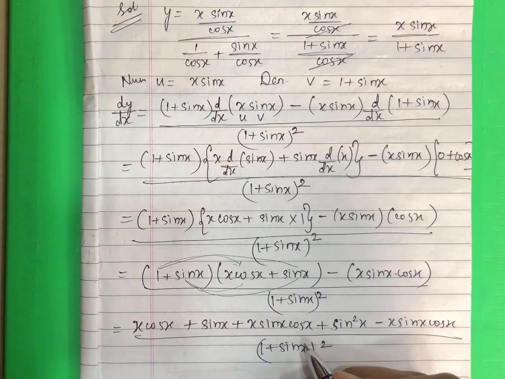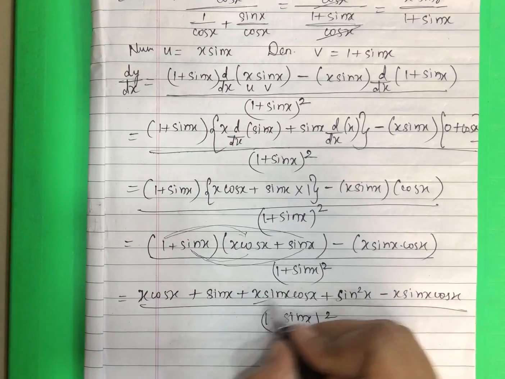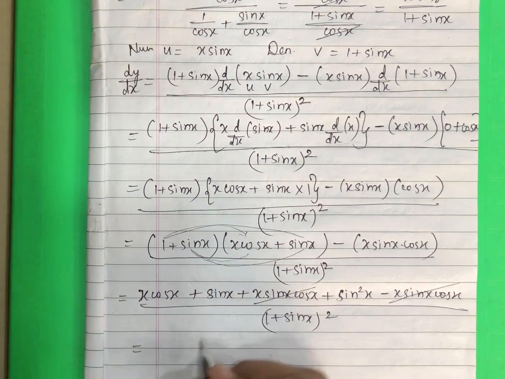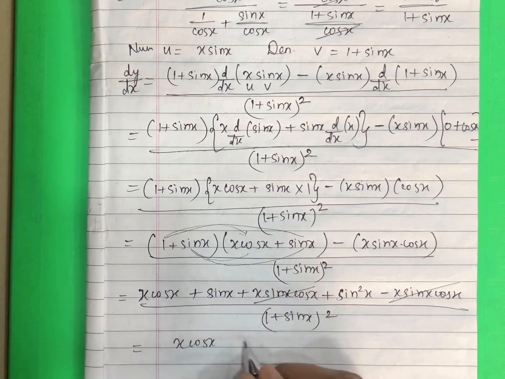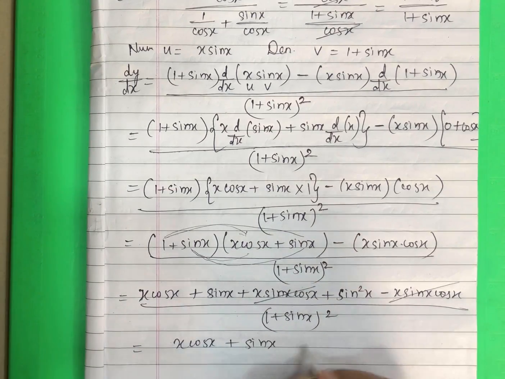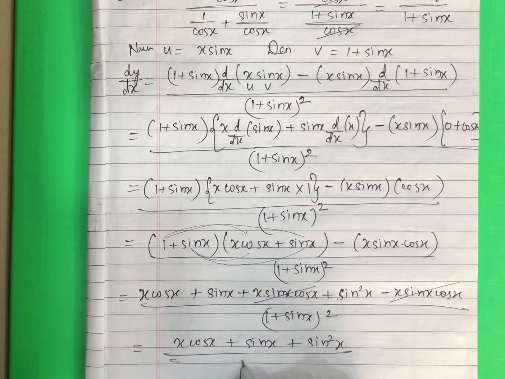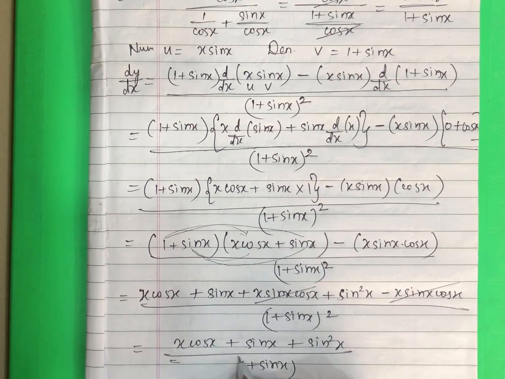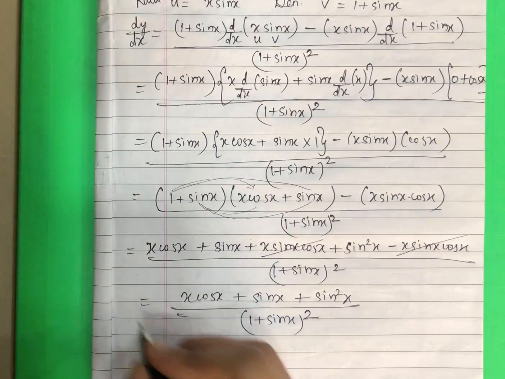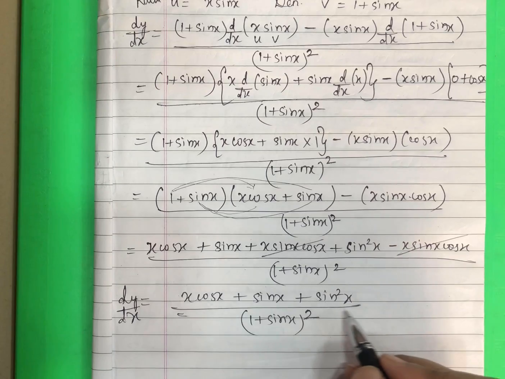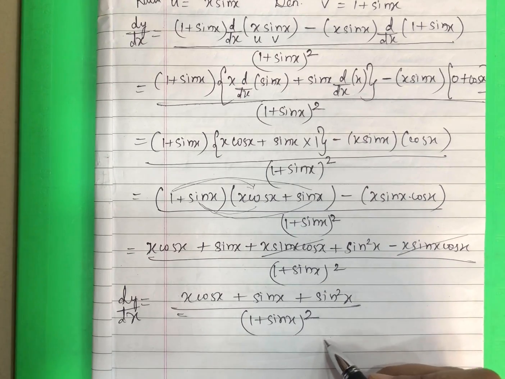So here we can cancel the term x sin x cos x minus x sin x cos x. So we have x cos x plus sin x plus sin square x upon 1 plus sin x whole square. This is the value of dy by dx, that is x cos x plus sin square x upon 1 plus sin x whole square.